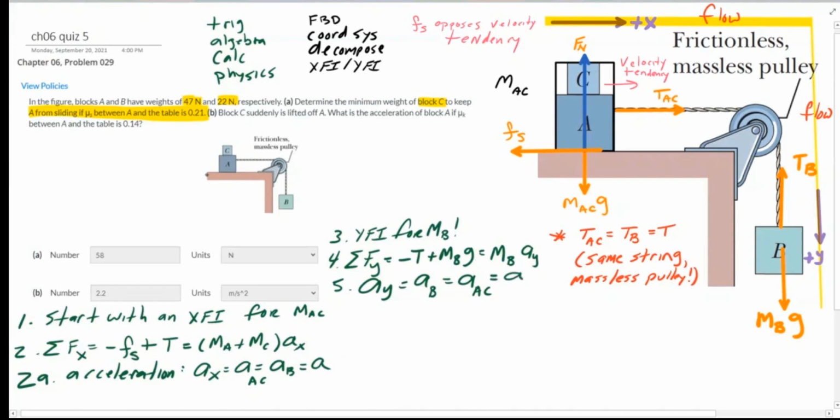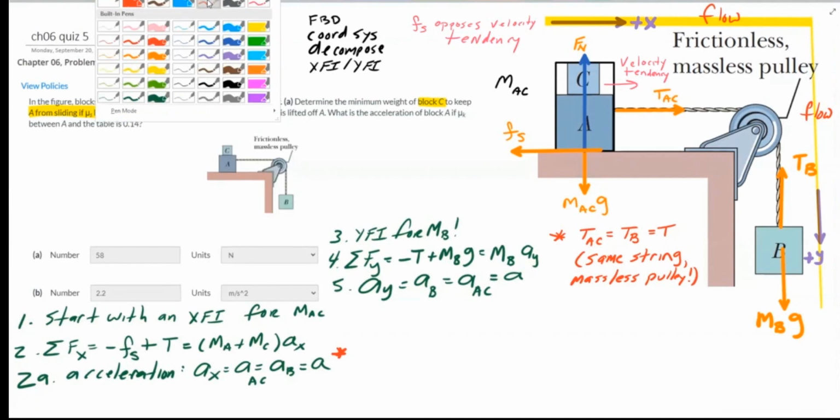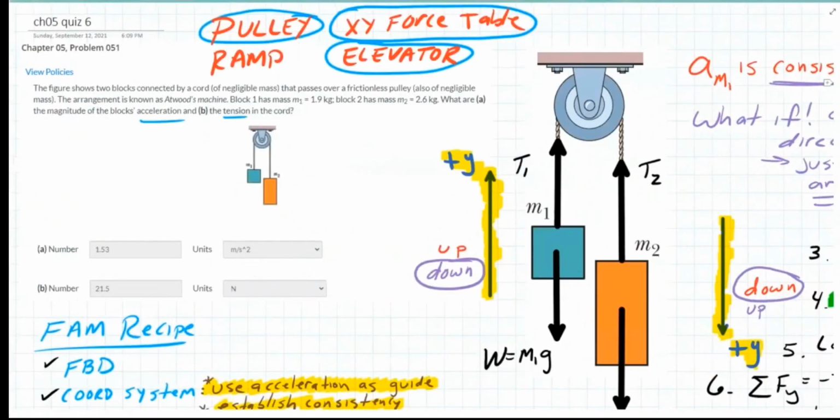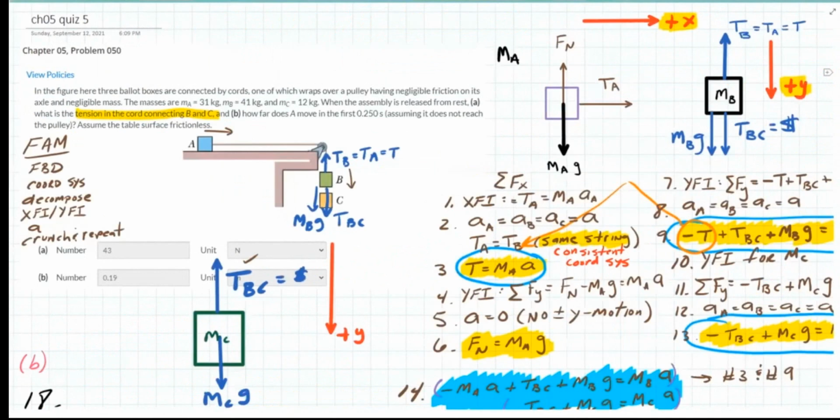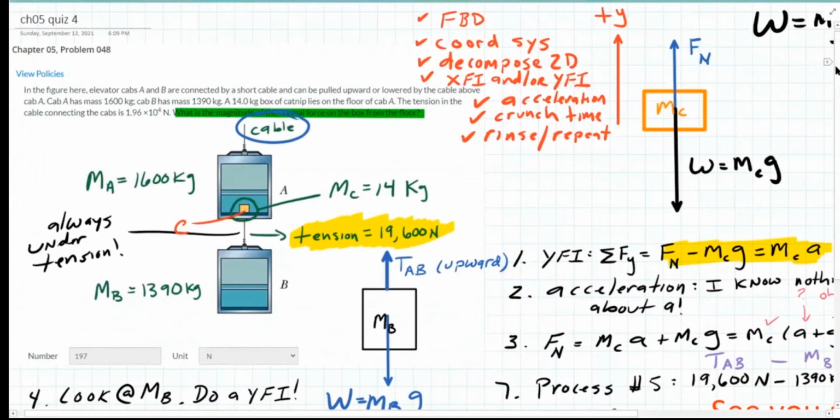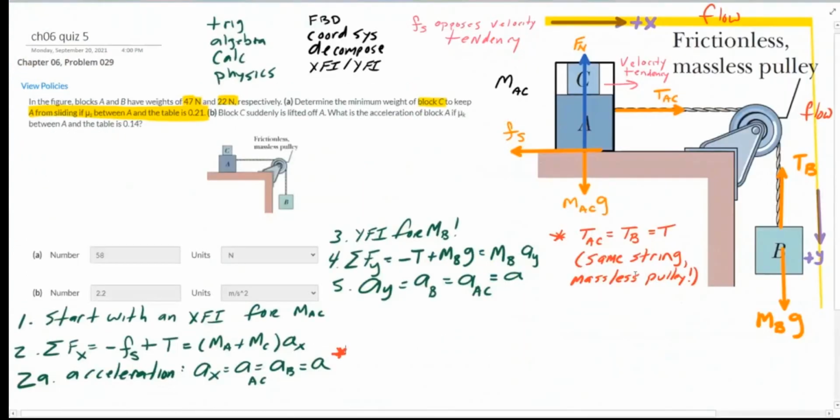Same acceleration statement. And why is this? It's important to note that this is because of aligned, meaning flowing together, coordinate systems.